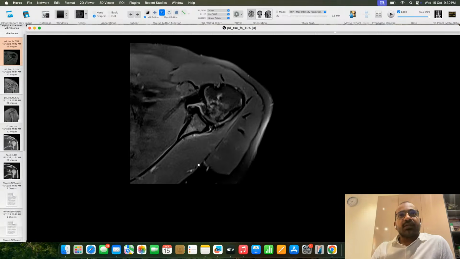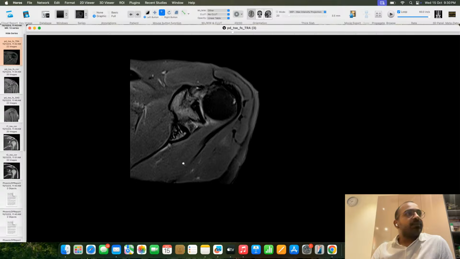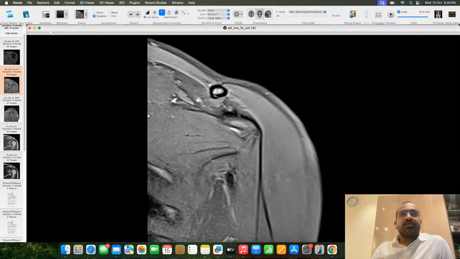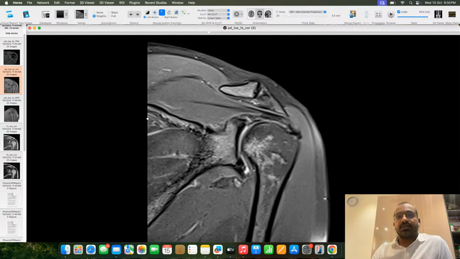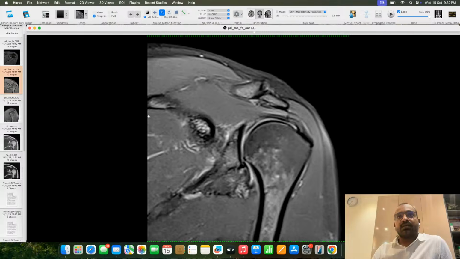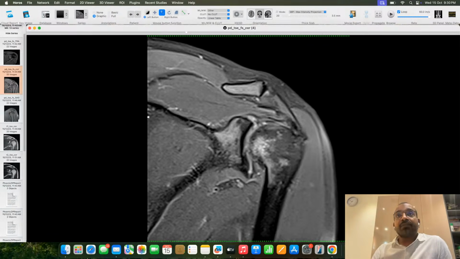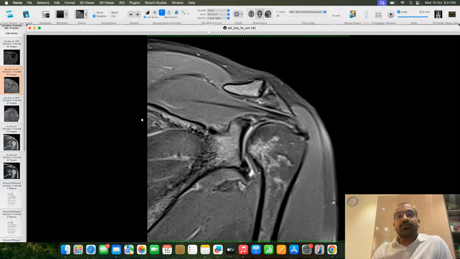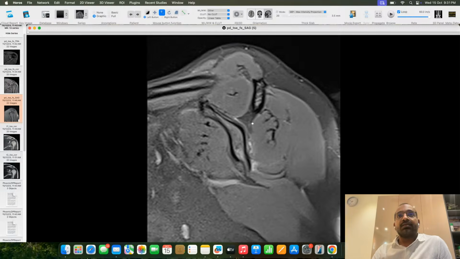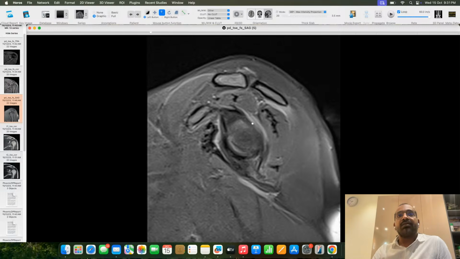Okay, these are the axial images. These are the coronal images. And see, this is the sagittal PD.